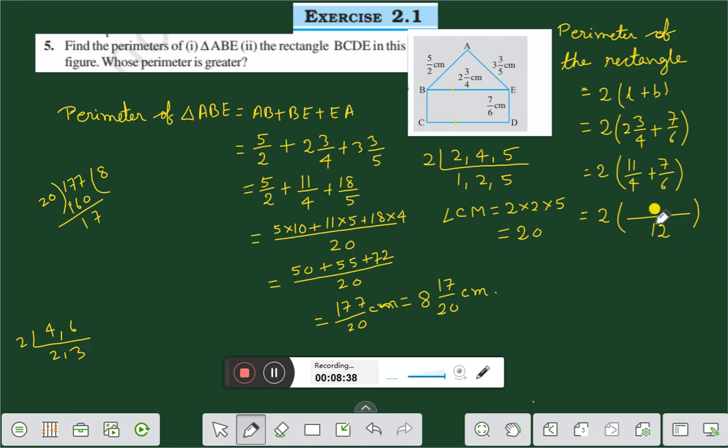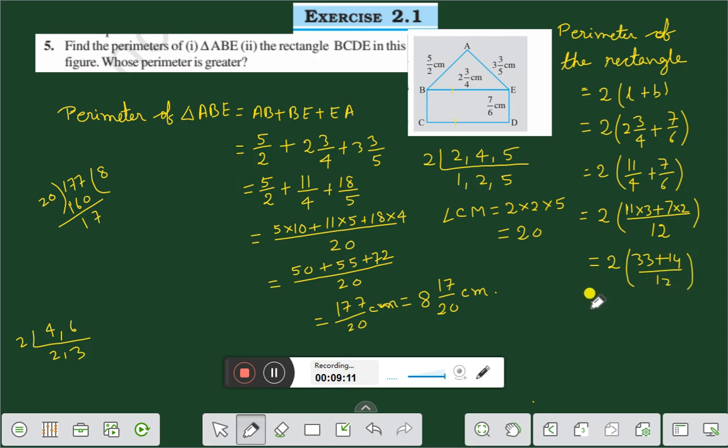Now, if we divide 12 by 4, that is 3. We have to multiply 11 with 3, 11 into 3. Plus, if we divide 12 by 6, it is 2. It is 7 into 2. Right? Now, we are getting 2 into, 3 elevens are 33, plus 7 twos are 14, by 12.